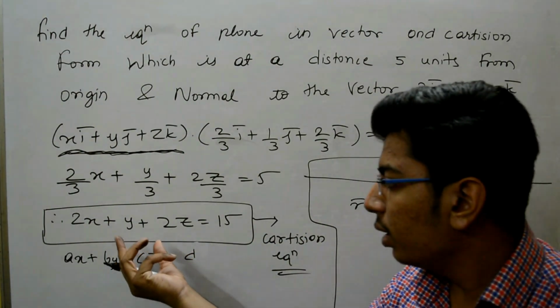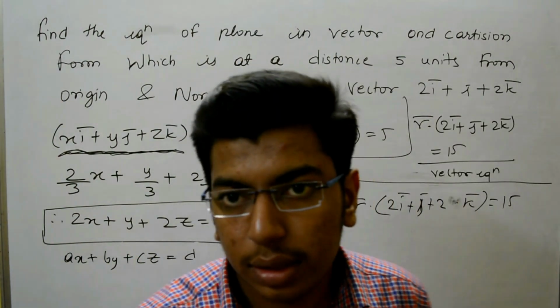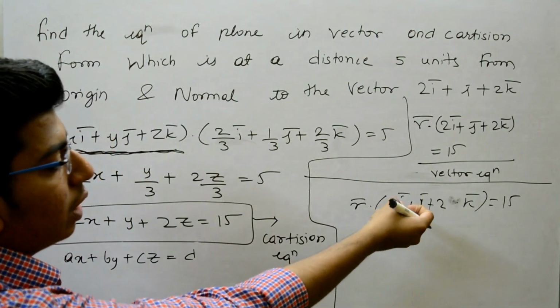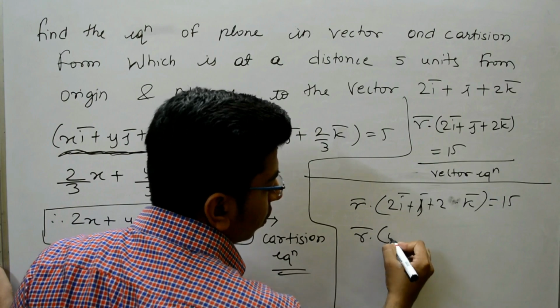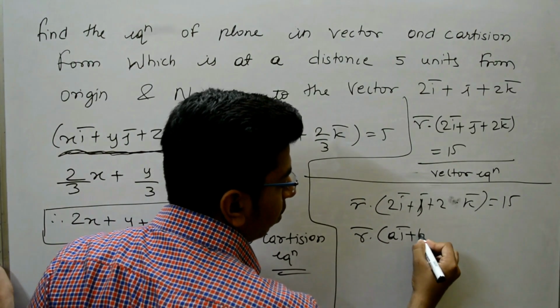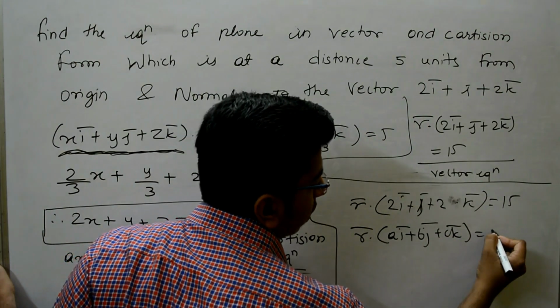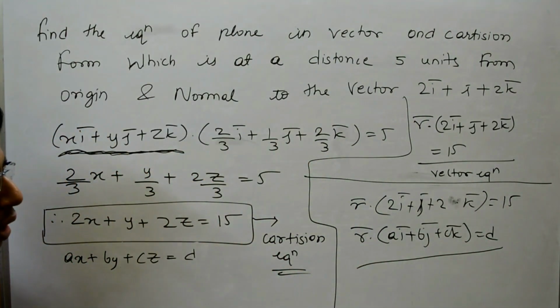If the Cartesian equation is given, then our equation will be like this. In general, it will become r bar into ai bar plus bj bar plus ck bar is equal to d. This is how our equation converts.